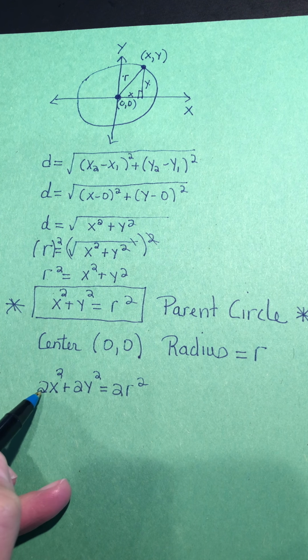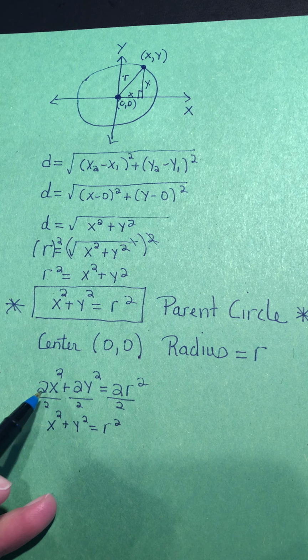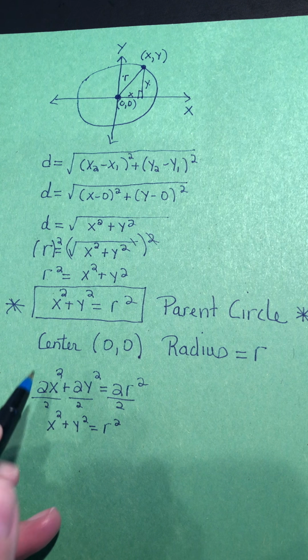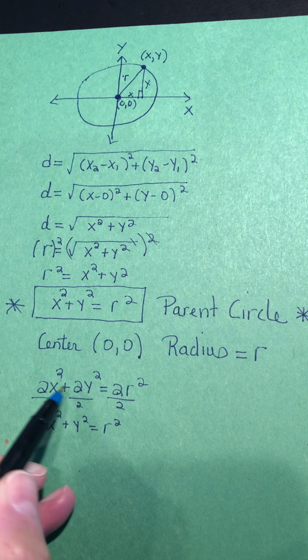The reason is, if I had a 2 in front of every term, I could just divide by 2, perfectly legal, and get back to where I started. So having a 2 in front isn't going to change the actual circle. It will look exactly the same. So interestingly, these numbers in front, as long as they all match, will not change the value of the original circle.